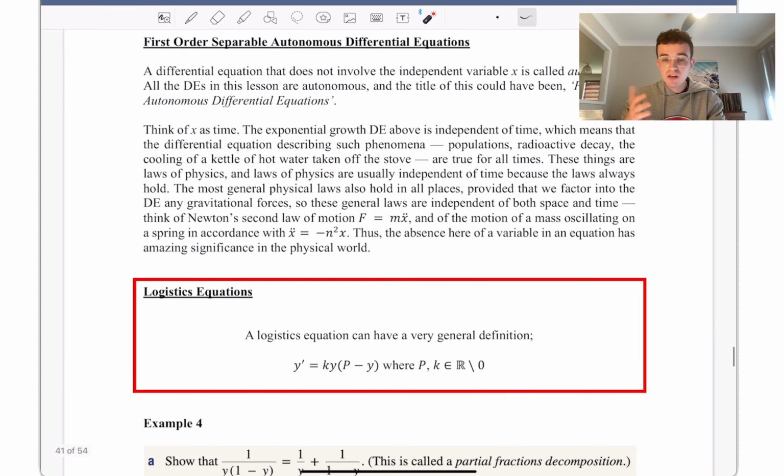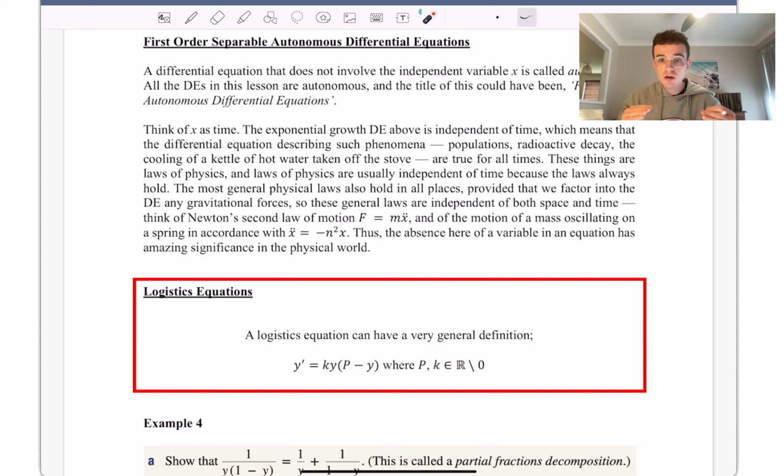Now if x represents time, which it often does, what is happening is independent of time. That's because our laws of physics, population, radioactive decay, cooling of a kettle, things like that are true for all times. Time doesn't really affect how these things are changing.